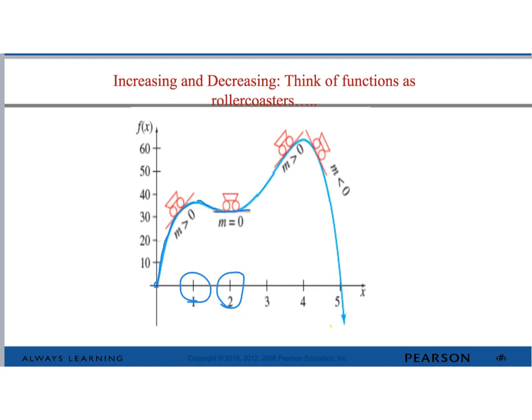And then from 2 seconds until you get to 4 seconds, you're going uphill again. And then at 4 seconds, just for an instant, you're sitting on top of that hill before it's time for the thrill and you're going downhill very, very fast.